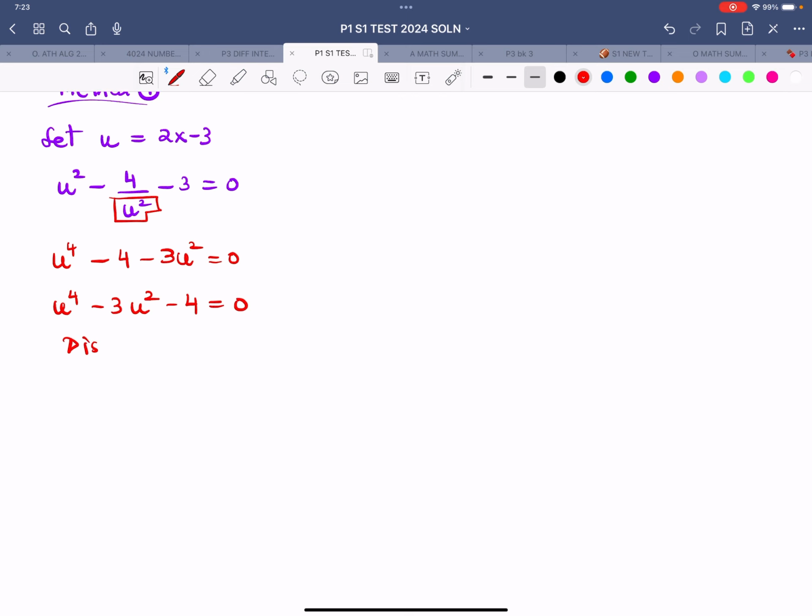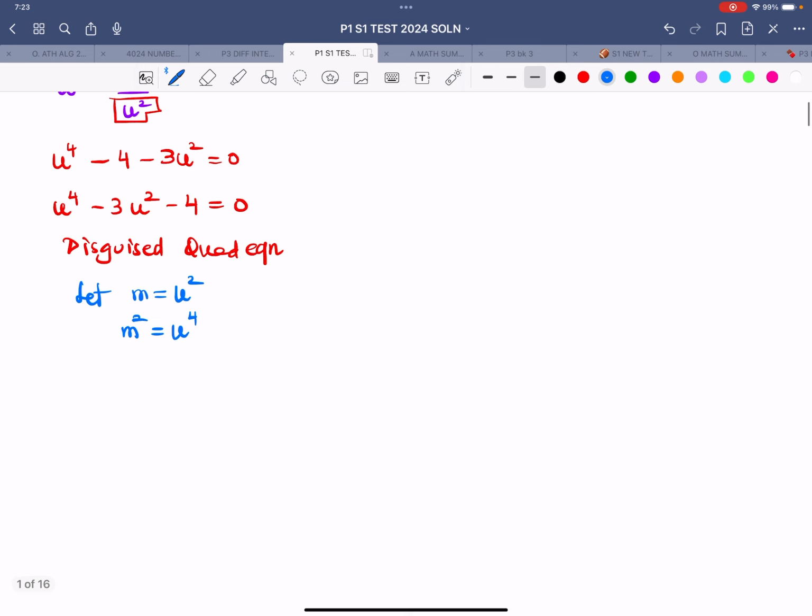What I am getting is a disguised quadratic equation. That means I have to make a substitution again. So let me write let m equal u squared, therefore m squared is u to the power 4. Therefore this is m squared minus 3m minus 4 equals 0.